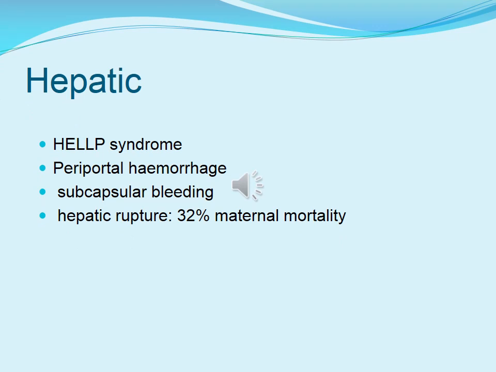What are the effects on the liver? A patient with severe PE or preeclampsia or hypertensive disorder might develop HELLP syndrome or periportal hemorrhage or subcapsular bleeding and hepatic rupture, in which 32% might cause maternal death.